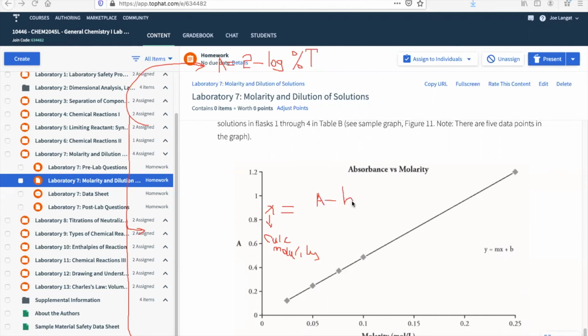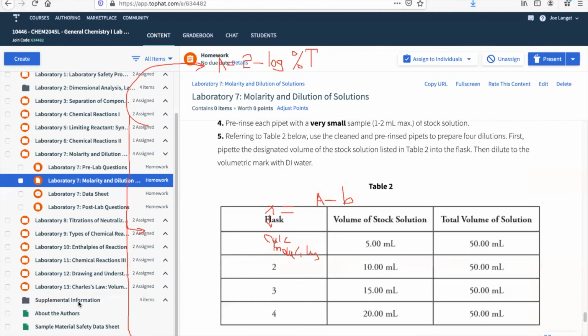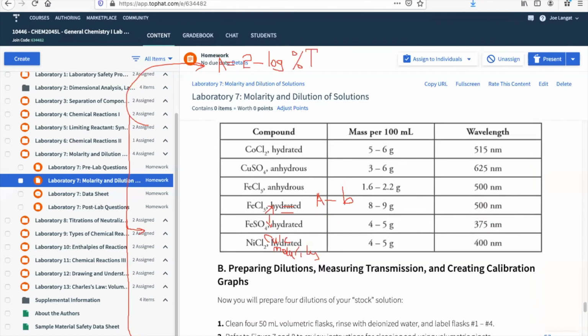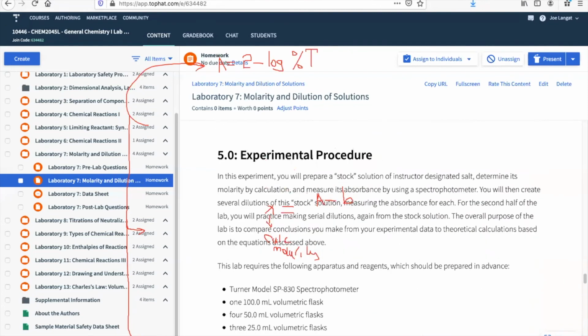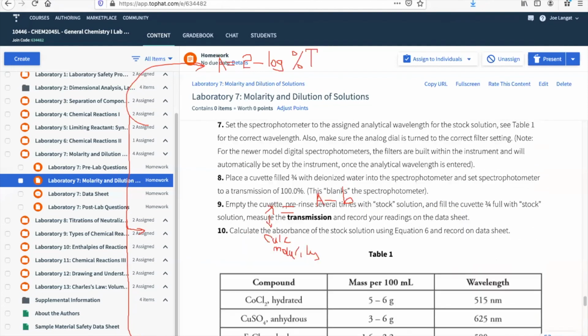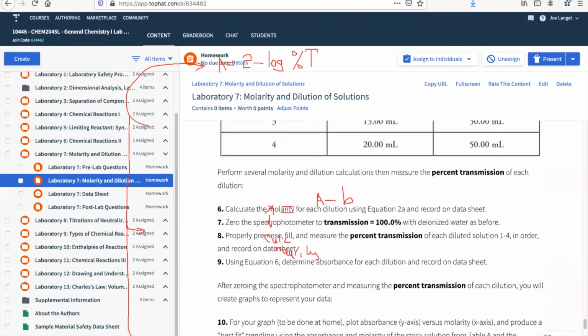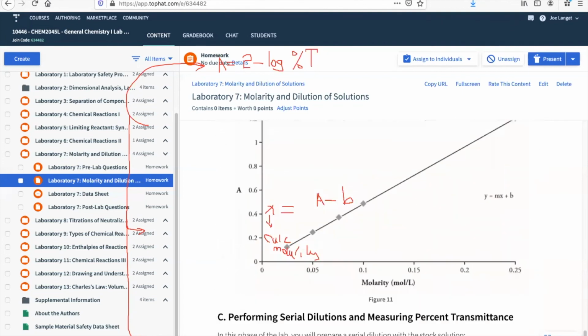B, which is a constant of the straight line, over what? Over the slope of the line. I mean to say slope of the line. I'm looking for my graph right here.